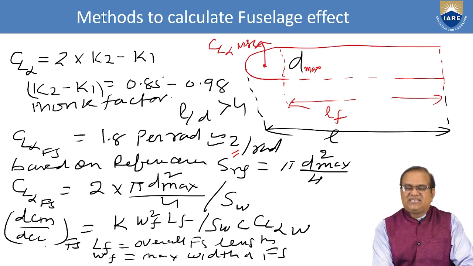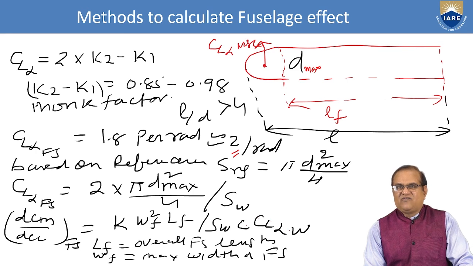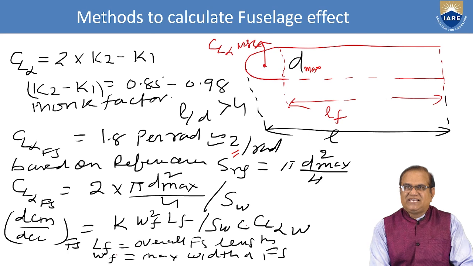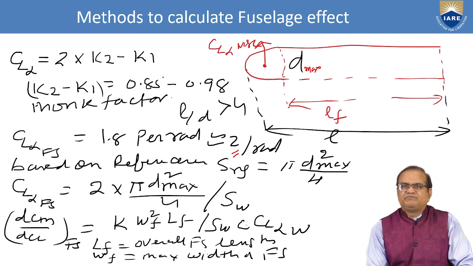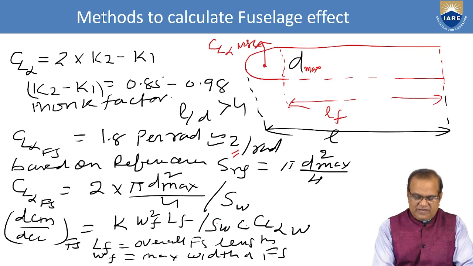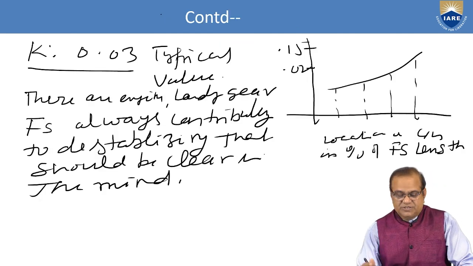So dCm by dCl is equal to K Wf square, where f means fuselage, Lf divided by the area of the wing into the chord, into CL alpha of the wing, where Lf is the total length of the fuselage, Wf is the maximum width of the fuselage, Sw is the area of the wing, and C is the chord of the wing. K is a number, and it depends upon this plot.